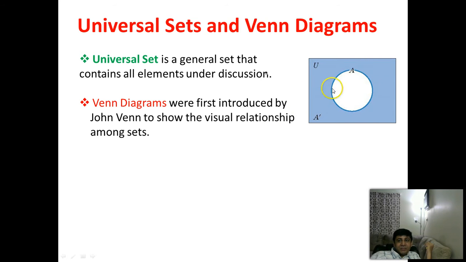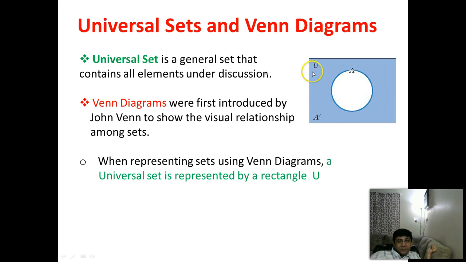This is one simple example of a Venn diagram with one set only. As you can see, the universal set U in the Venn diagram is represented by this rectangle, and our set of interest is this set A here.